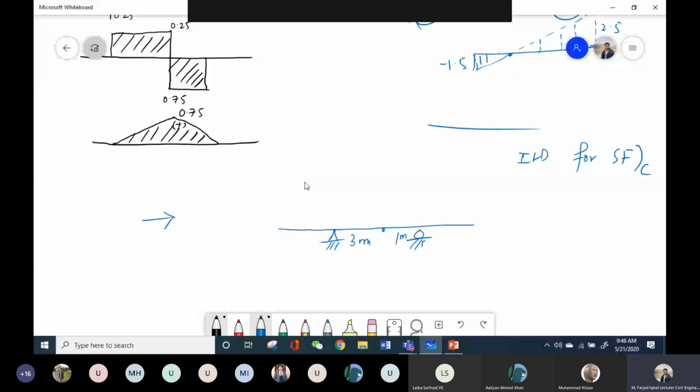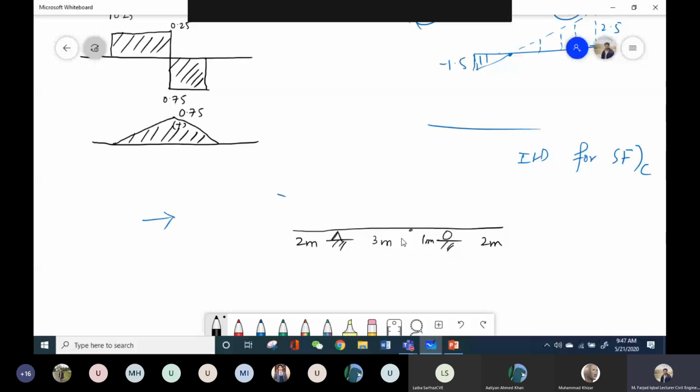Let me make it more clear. This was my beam. This distance is 3 meters. This distance is 1 meter, 2 meter, 2 meter.